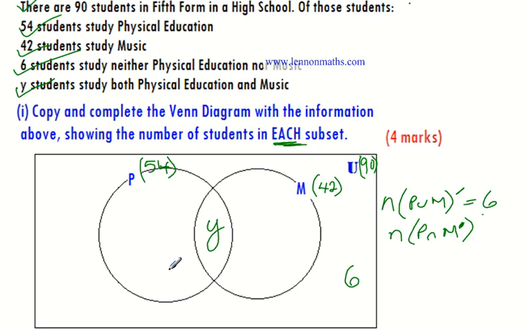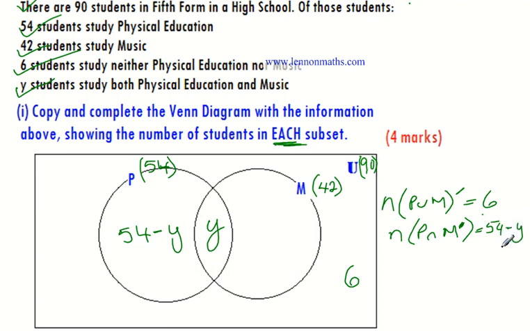M is not a part of that region. This region here, both P and M share this region. So number of students in P intersect the complement of M is going to be 54 minus Y. That is equal to 54 minus Y.